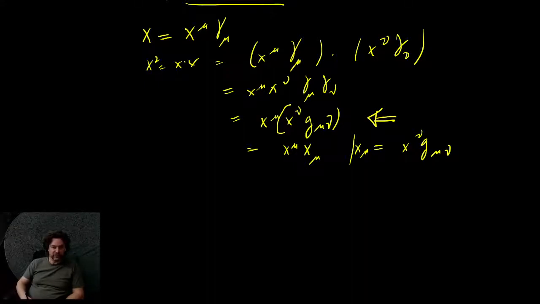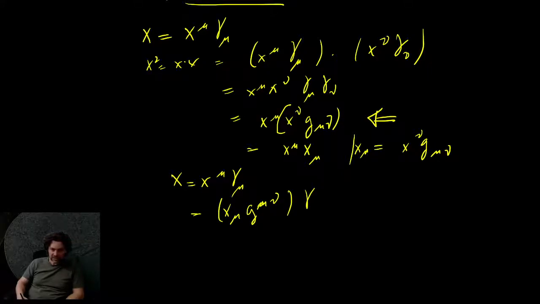We're actually free to write our vector, if we wrote our vector as x mu gamma mu, we could say that is x mu g mu nu times gamma nu. So that is x nu g mu nu gamma nu.